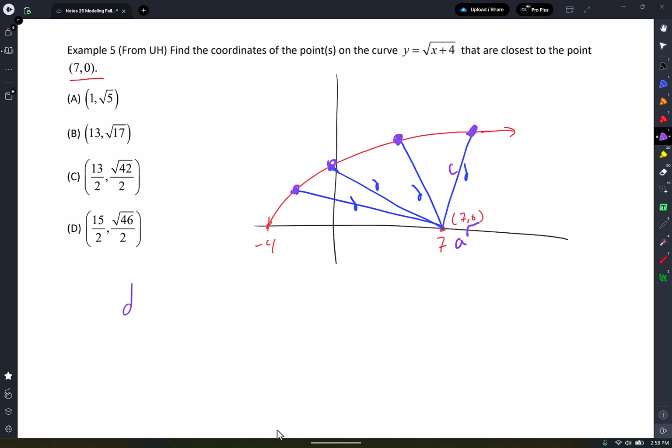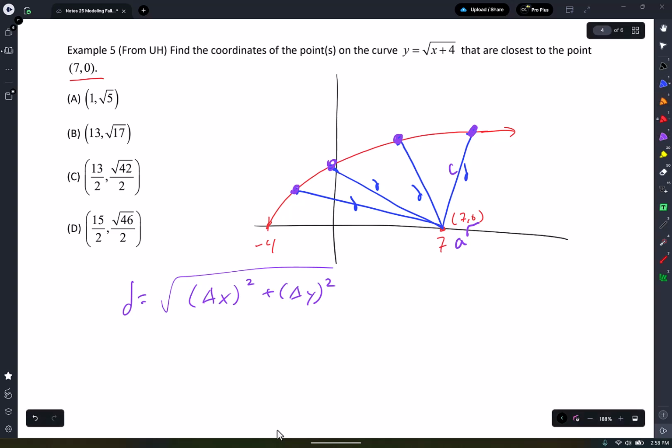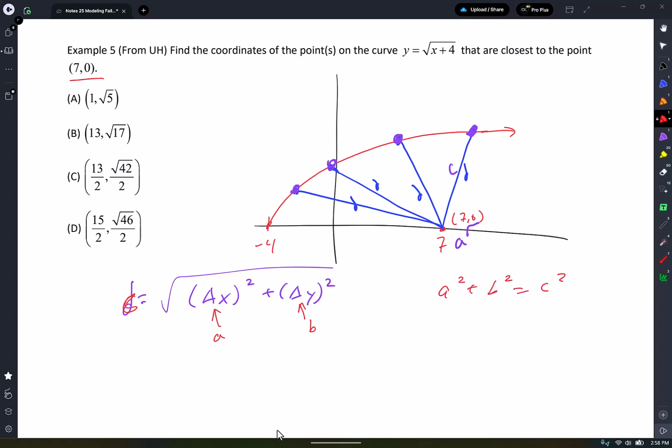The distance formula that they show you in geometry is the square root of the change in x squared plus the change in y squared. You remember that? This is the Pythagorean theorem in disguise, guys. If I call the change in x A, and the change in y B, and the D here C, then you've got A squared plus B squared equals C squared, which is the Pythagorean theorem.